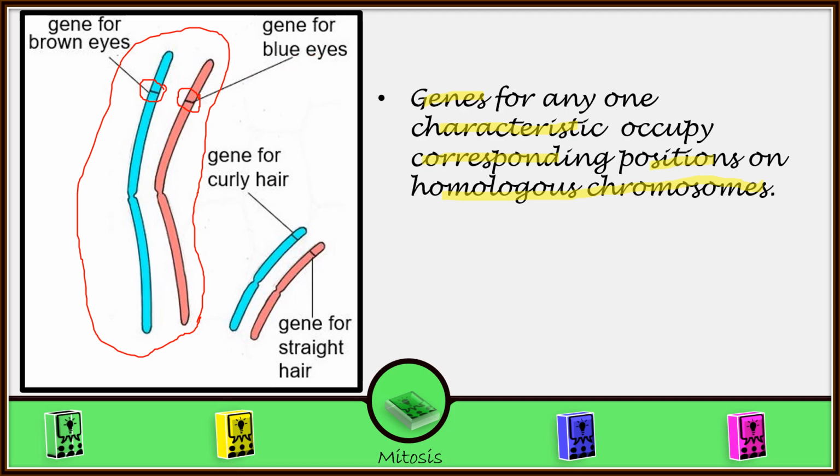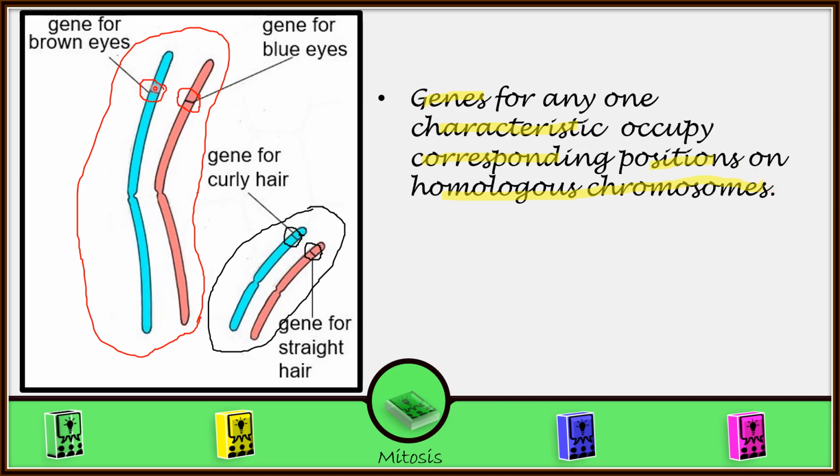And if we go to this other homologous chromosome here, at this particular point and this particular point we have a gene, and this gene is controlling the type of hair. And this one also is a gene controlling the type of hair. So that is what we are saying, that the genes for any one characteristic occupy a corresponding position on a homologous chromosome.